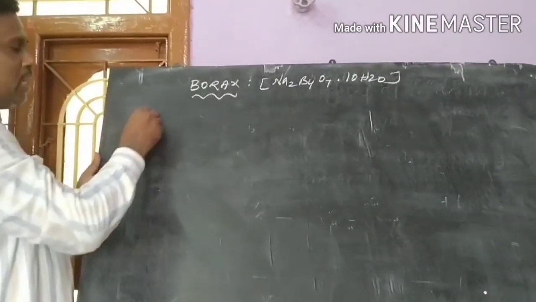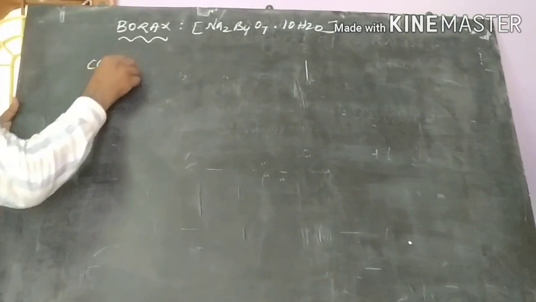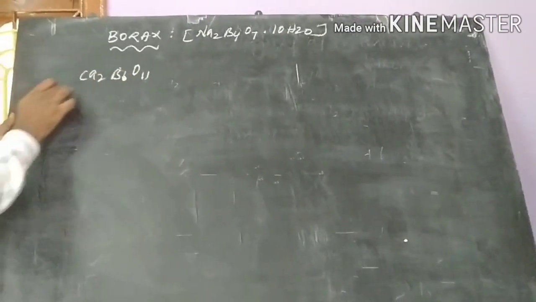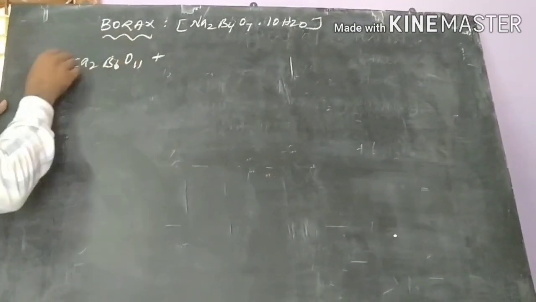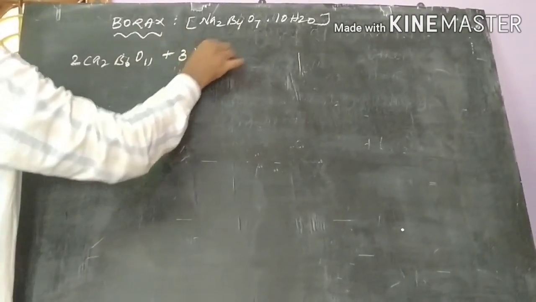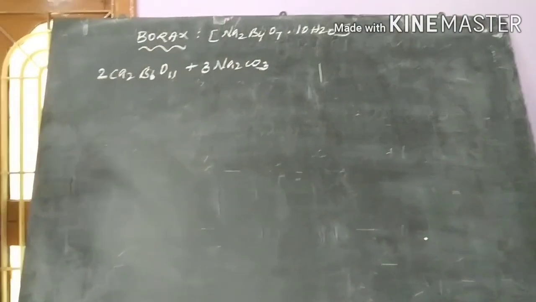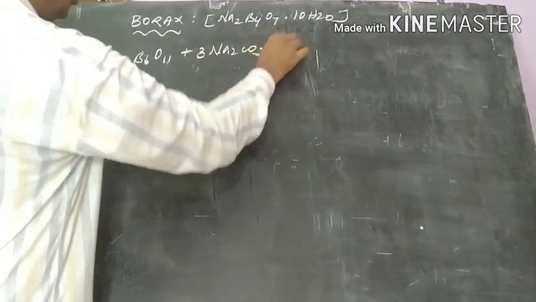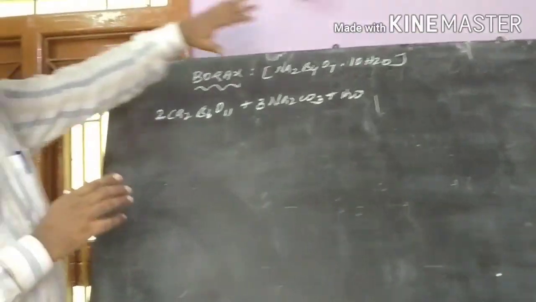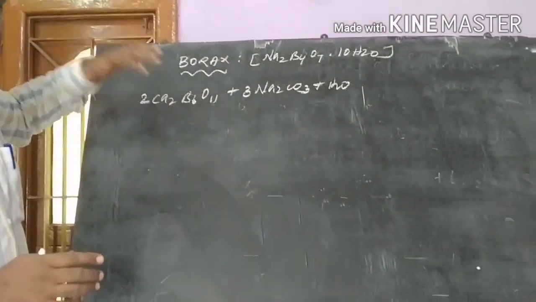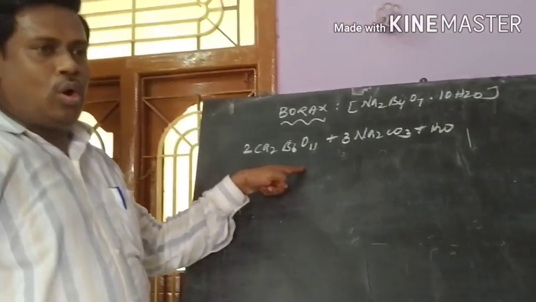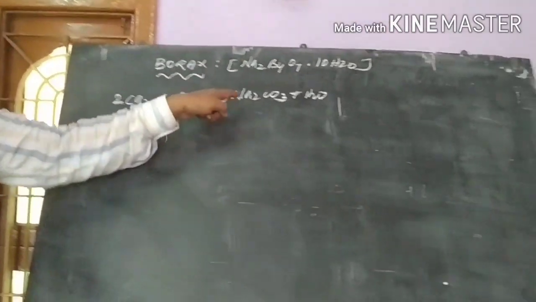Colemanite formula Ca2B6O11. Ca2B6O11, that is colemanite. 2 moles here, plus 3 moles of sodium carbonate, Na2CO3, plus just 1 mole of water. Borax is obtained from colemanite, formula Ca2B6O11, or by boiling its solution with sodium carbonate.